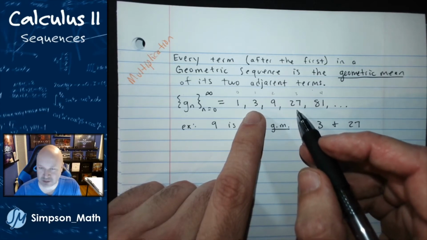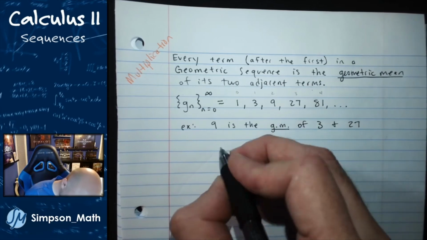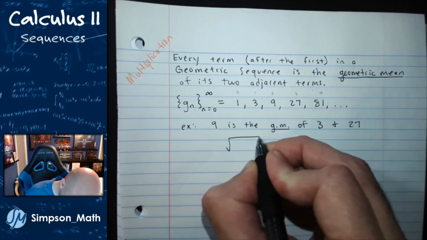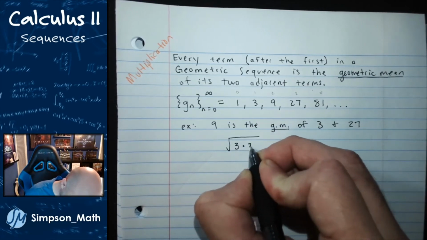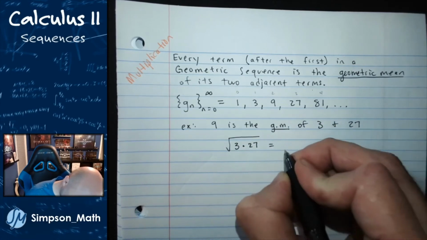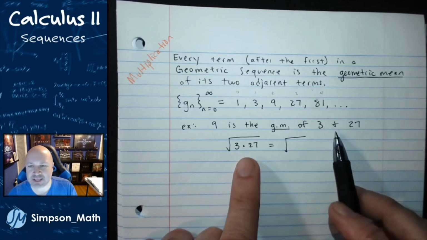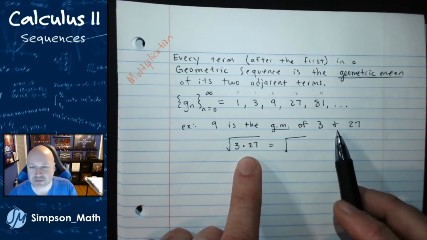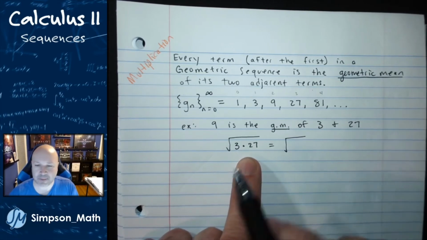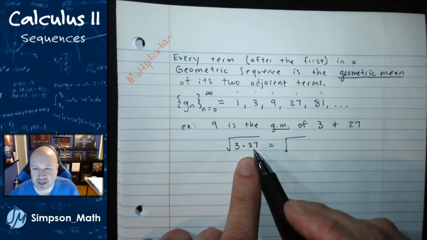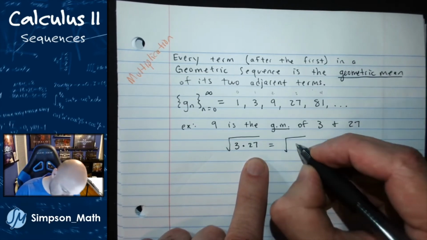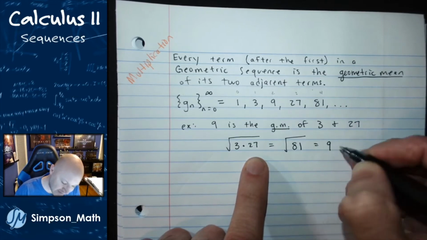No, you just multiply and square root. Oh my goodness. The adjacent numbers to 9 are 3 and 27. I'm going to multiply them together and then square root. So 3 times 27 is 81. The square root of 81 is that 9 that I was looking for, yes.